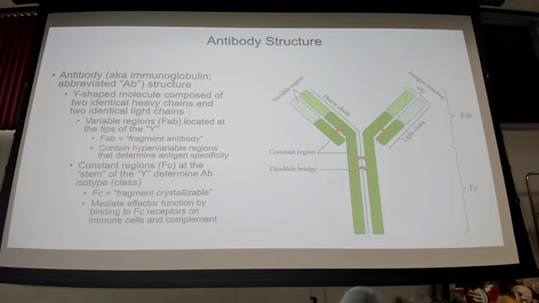And the way these things work is you have your antigen binding sites, which are at the very end of those Y-shaped molecules. And those antigen binding sites on these antibodies will have 2 different chains that are responsible for touching and interacting with that antigen.